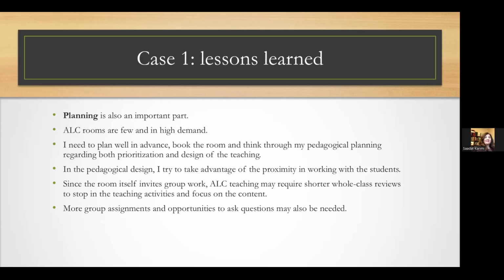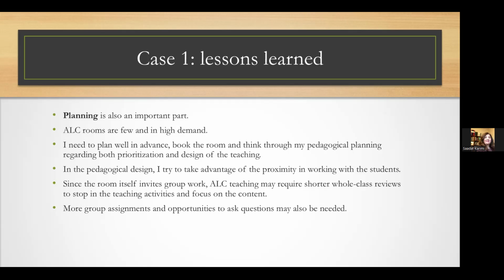In the pedagogical design, I try to take advantage of the proximity in working with the students. Since the room itself invites group work, ALC teaching may require shorter whole class reviews to stop in the teaching activities and focus on the content. More group assignments and opportunities to ask questions may also be needed.